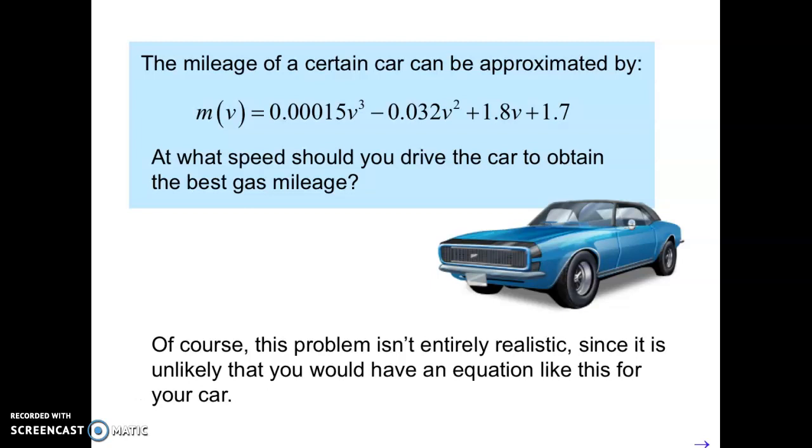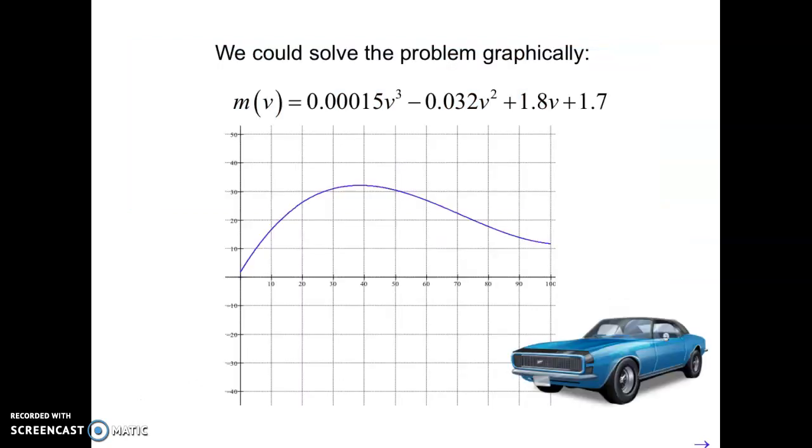Of course, this isn't entirely realistic, since it's unlikely that we have an equation like this for our particular car. But if we did, we could take this equation and solve the problem graphically.